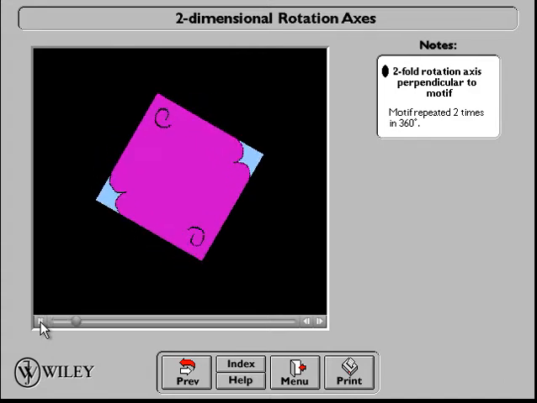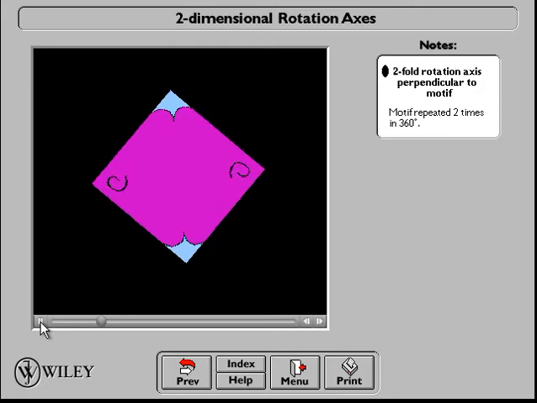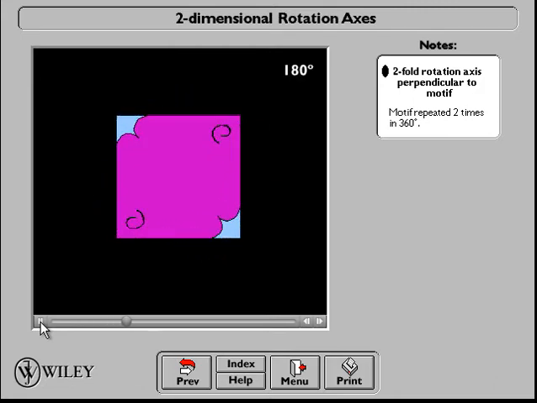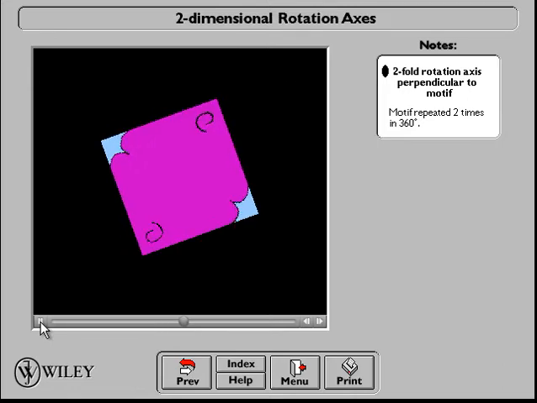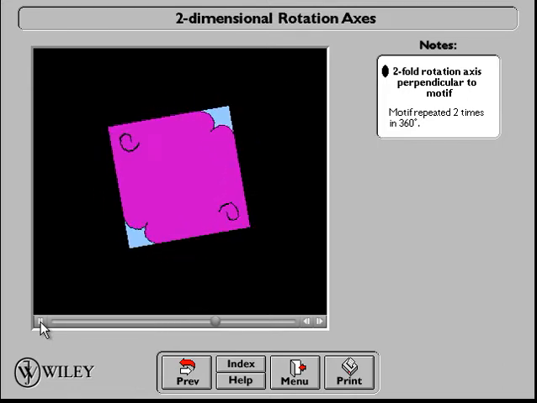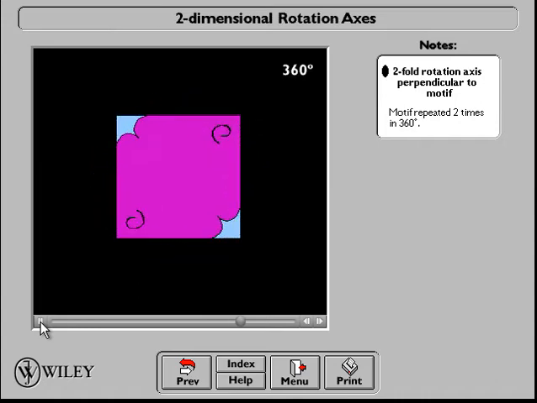Now we are turning it 180 degrees. It's repeating itself the first time after 180. Now we are turning it again, and then we can repeat the motif 2 times within 360 degrees, and therefore we are making this symbol inside, that is a two-fold rotation axis.